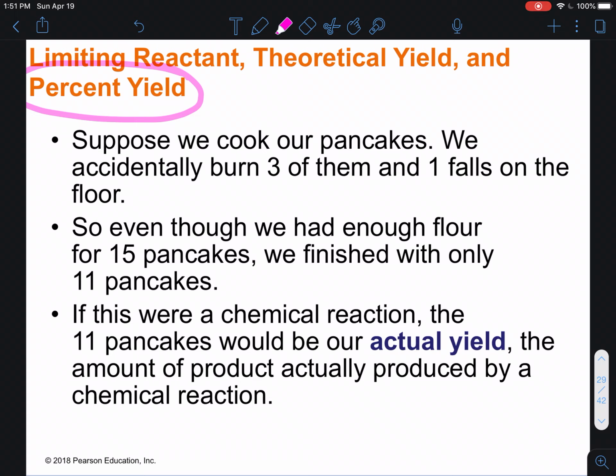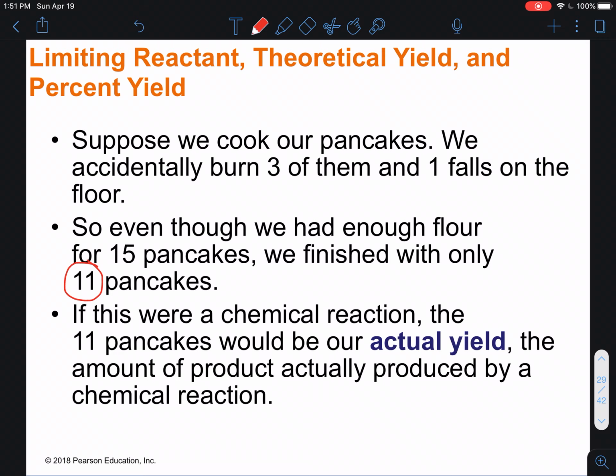Now, what about percent yield? So now that we know how to determine a limiting reactant, we know what theoretical yield is. What about percent yield? So suppose we cook our pancakes and we accidentally burn 3 of them and 1 falls on the floor. So even though we were supposed to have 15 pancakes, we only finished with 11. All right.